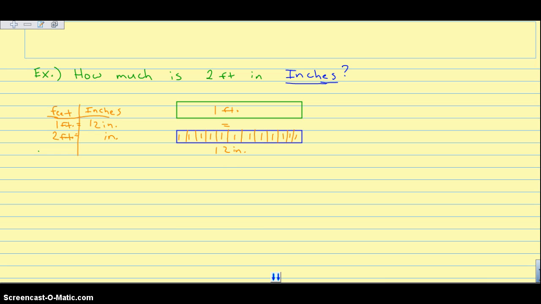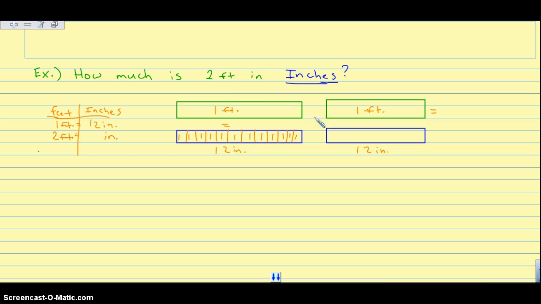Now you can have the other rectangle here, and again this is going to represent 1 foot, and you can draw another rectangle below it to represent your inches. To save time, we just know that that blue bar is going to represent 12 inches.